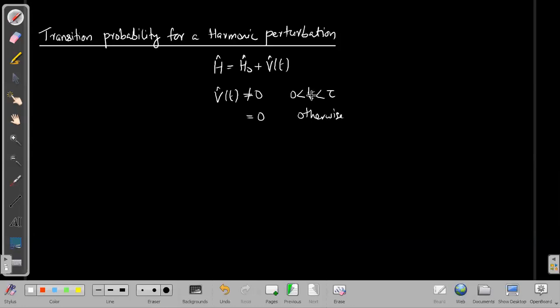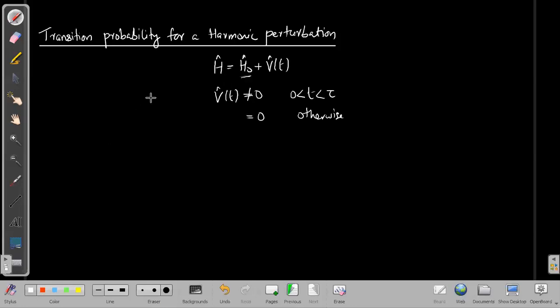If that is the case, then obviously the system will be in the energy eigenstate of H0, or it would be a superposition of energy eigenstates of H0. Now whenever the perturbation is switched on, the system can move from one state to the other state. So there can be a transition.